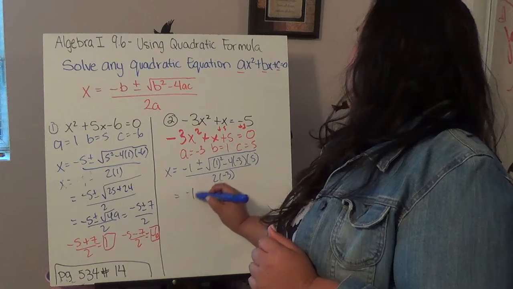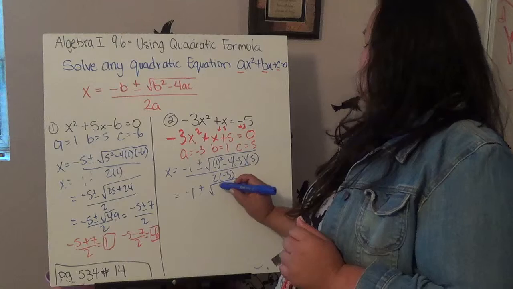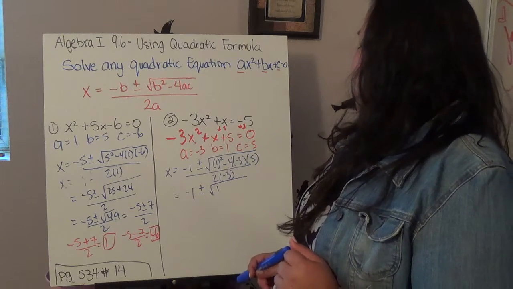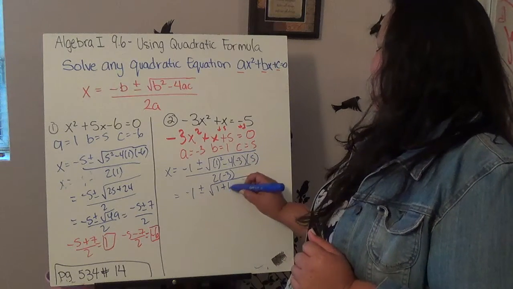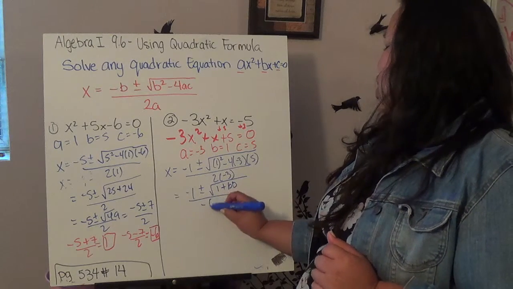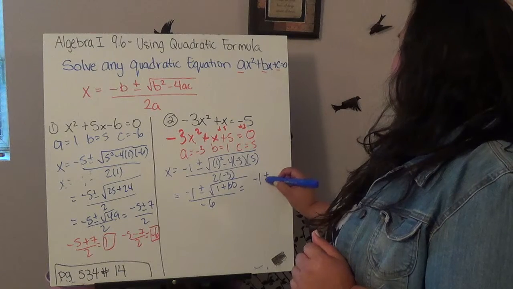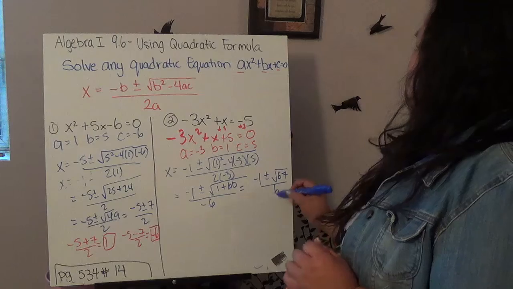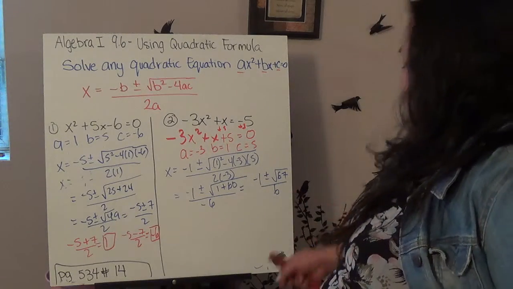So I have -1 plus or minus, remember I'm focusing on the square root first, 1 squared, which is 1, -4 times -3 is positive 12 times 5 is 60, over 2 times -3 is -6. So I end up with -1 plus or minus the square root of 61 over -6.